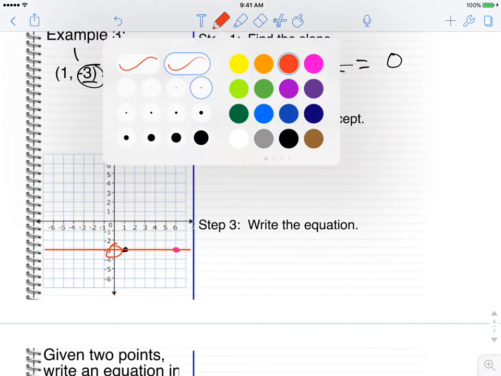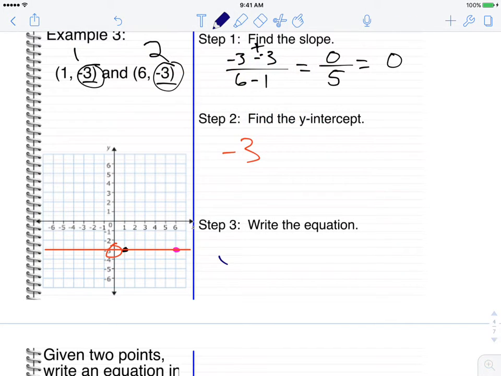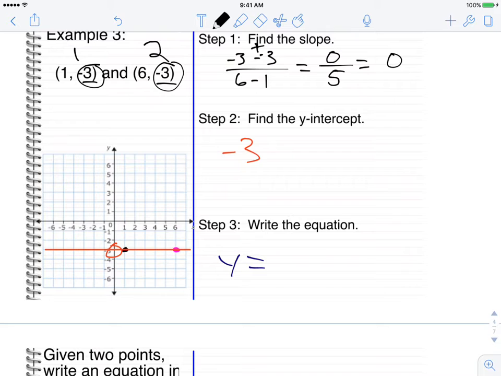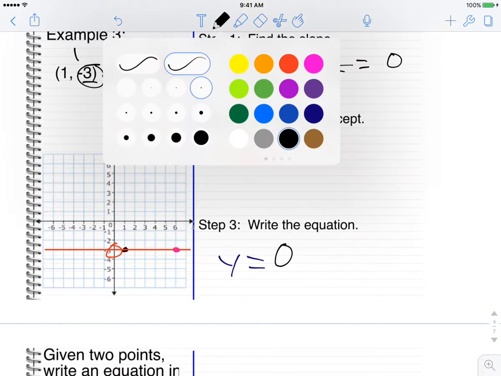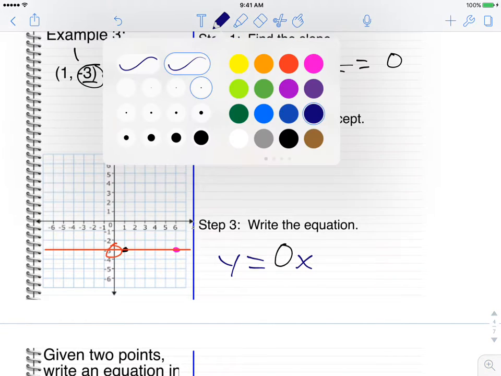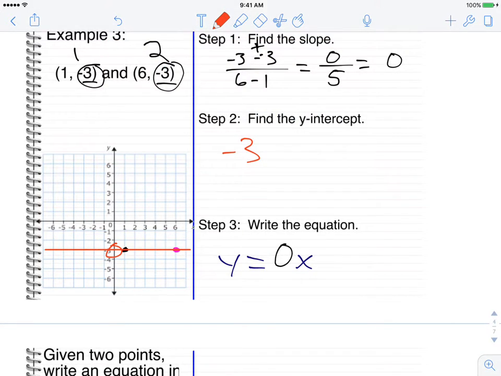So this will be a pretty straightforward equation right here. y is equal to my 0 slope times my x value, and then I'm just going to take my b value of negative 3. Well, 0 times anything is just 0. So I could just shorthand this and write it as y is equal to negative 3.